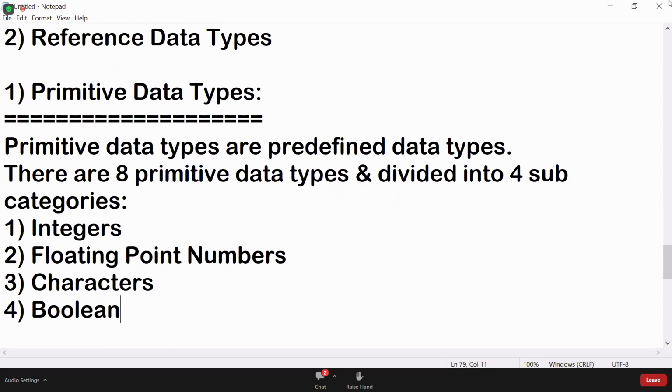Fourth one, Boolean. These are the subcategories. Primitive data types are predefined data types. There are 8 primitive data types divided into 4 subcategories.